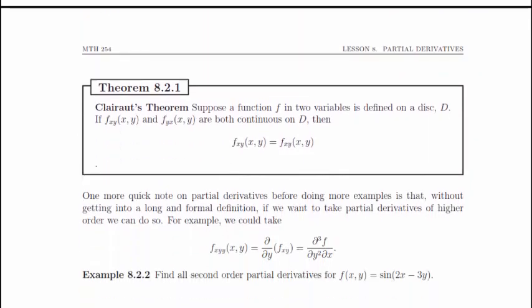Theorem 8.2.1, Clairaut's theorem. Suppose a function f in two variables is defined on a disk D. If f sub xy of x y and f sub yx of x y are both continuous on our disk D, then they are equal. F sub xy of x y equals f sub x. Ooh, typo again. This one's the worst one so far.